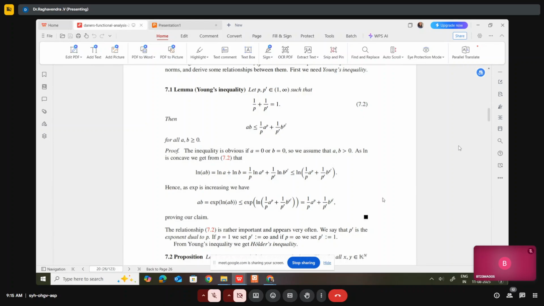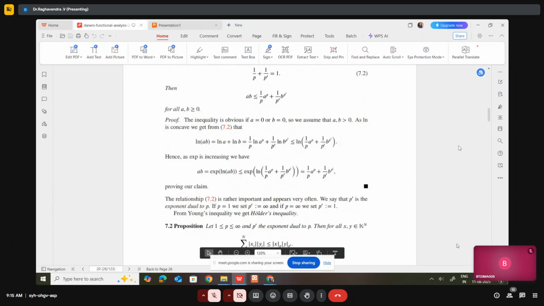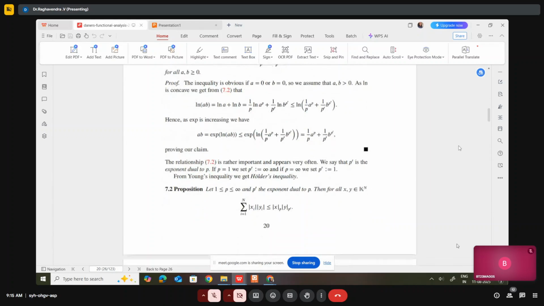I hope you have received it. Now we use this inequality to prove Holder's inequality. Holder's inequality is a very important inequality. If p is 1, as I told you last time, we set p prime equal to infinity. And if p is infinity, we set p prime equal to 1.